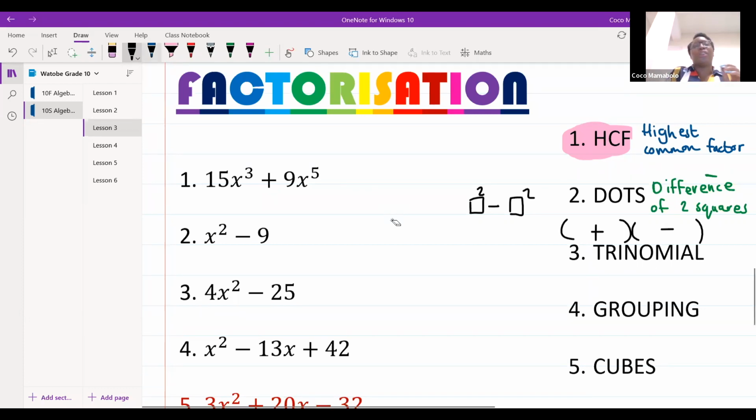What is a trinomial? I'm sure we all know what a trinomial is. I just want to make sure, in case somebody knows what it looks like but doesn't know what it's called. Charles, what is a trinomial? A trinomial is a term that has three or more terms.